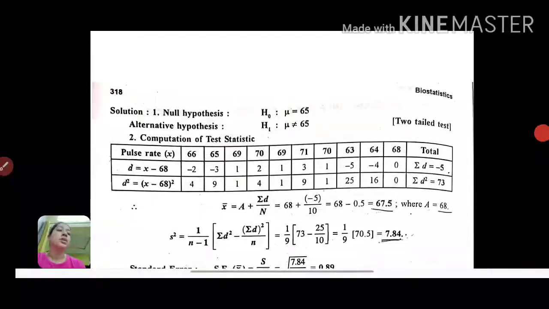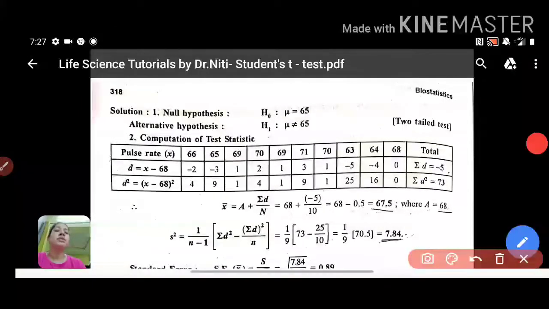Firstly, you have to set the null hypothesis. Null hypothesis means population mean and sample mean both are 65. That means there is no significant difference between both the means, or we can say that the sample mean is equal to 65. The population mean is already given to us, that is 65.